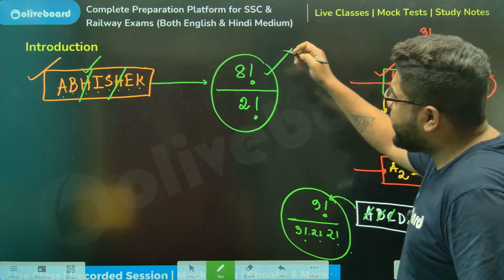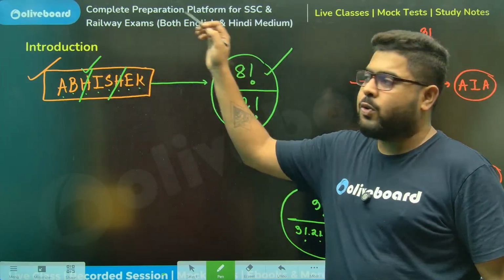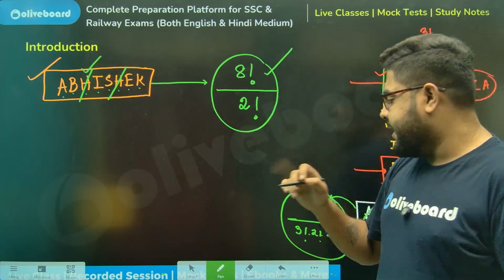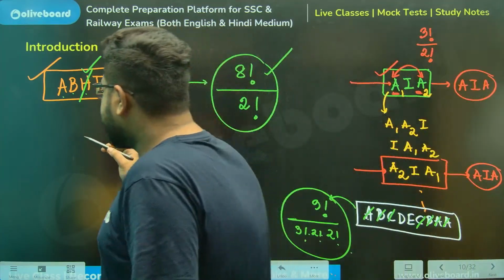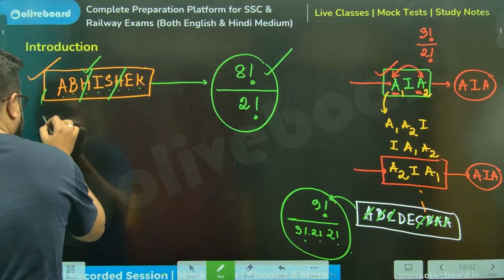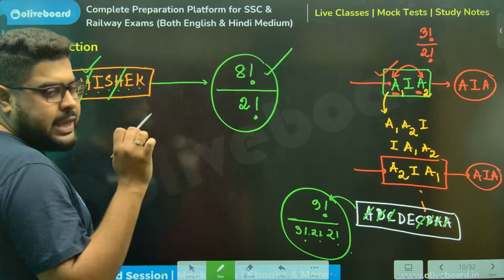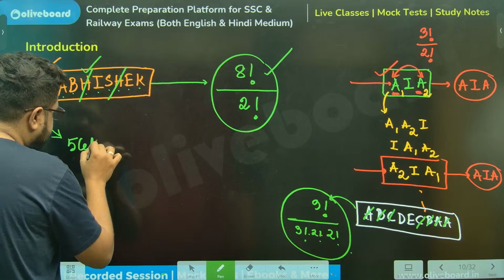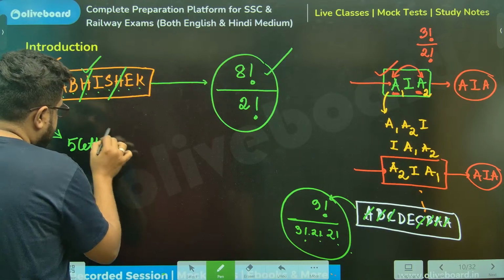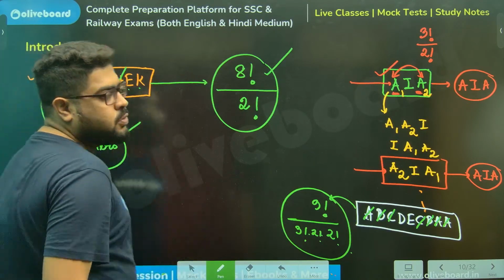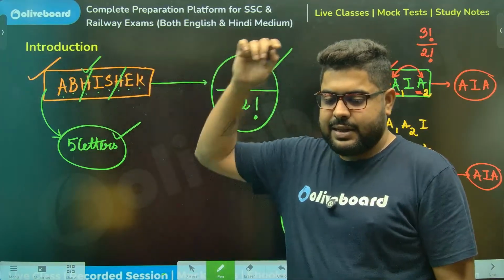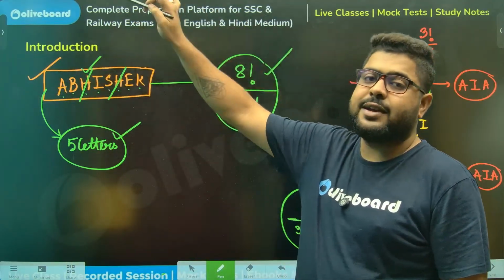Now, this is when I'm taking the whole thing as a whole name. Now, they might ask the other type of question: you take only 5 letters out of this and then you permute. For that, if there are 2 common letters, then it's a huge and very difficult question.